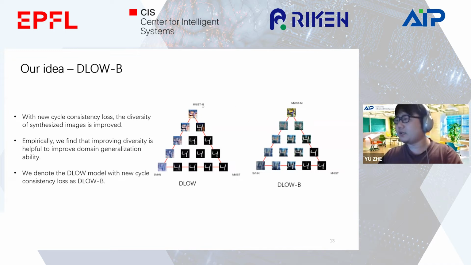We can see that although the inputs are exactly the same, and the training data is exactly the same, when we change the loss function, the diversity of the generated images can be improved a lot. Also, empirically, we find that improving the diversity is helpful to improve the domain generalization ability. Hence, in this work, instead of using the DLO models, we utilize the new model. We call this model DLO-B.